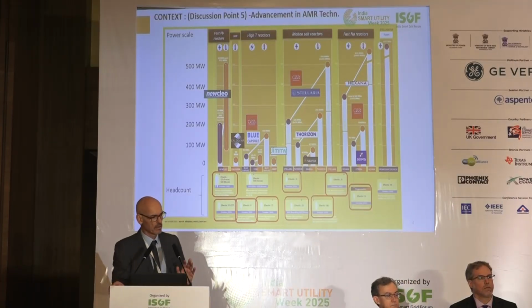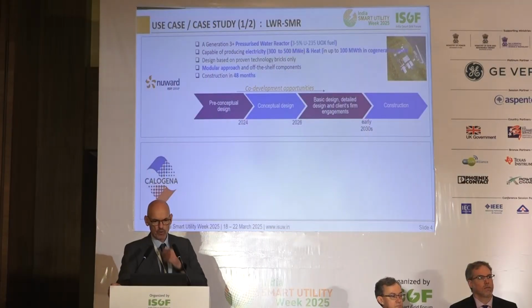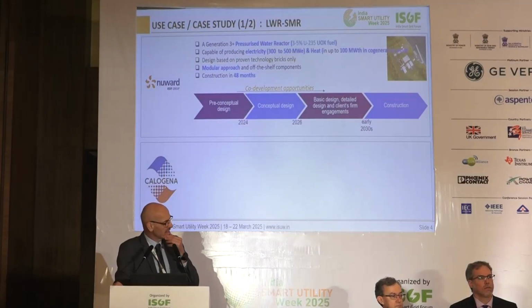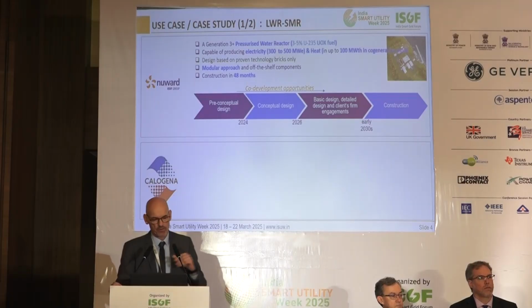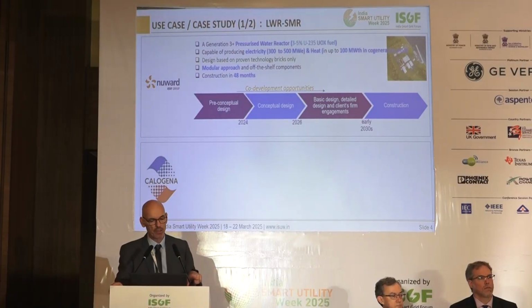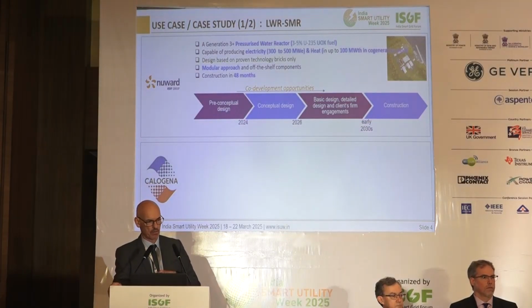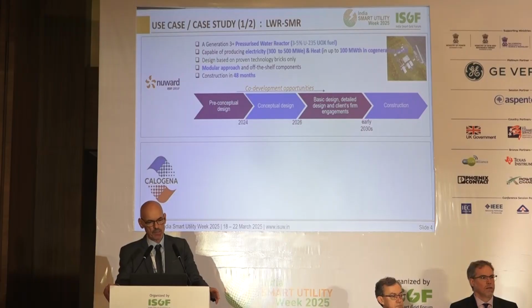So let me show you into more details what these projects are. I will start first with the new one, which is a project developed by the EDF utility. It's a Gen 3 plus pressurized water reactor technology, fueled with enriched UOX fuel.